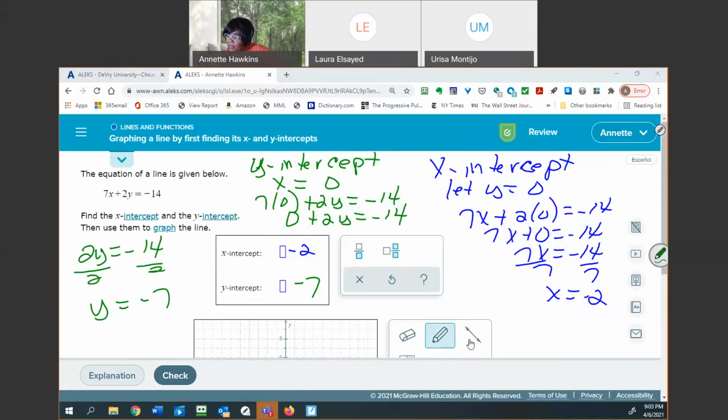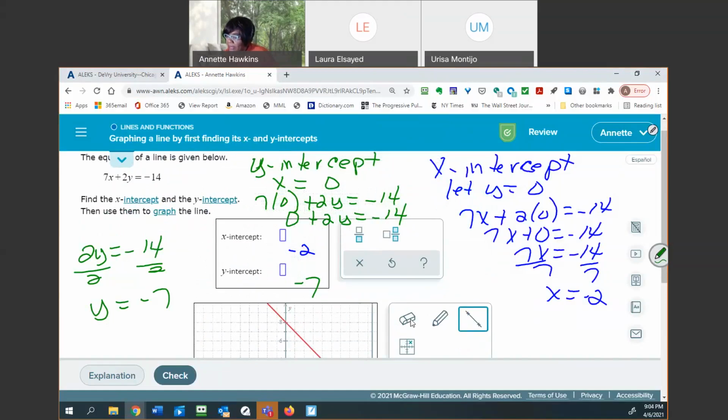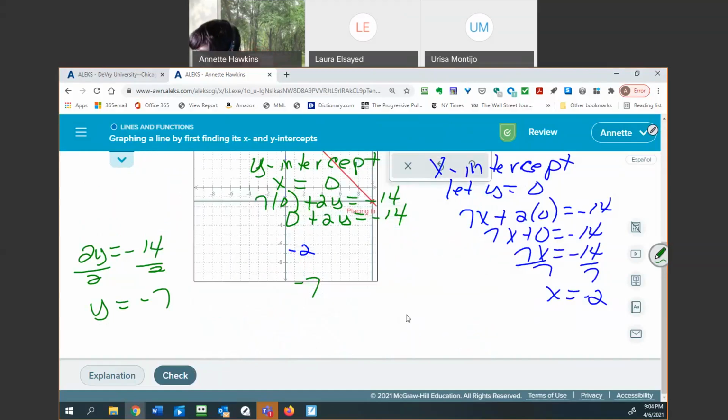Okay? So you get the line tool. So -2, 0, that's what that means, -2, 0, and 0, -7, okay? Let me put it here, so I'm going to have to erase this. -2, 0, and 0, -7. So let me erase all of this.